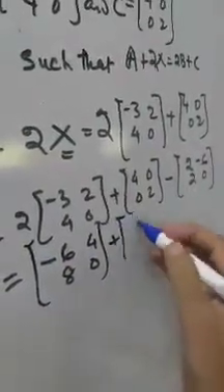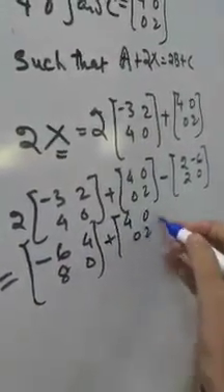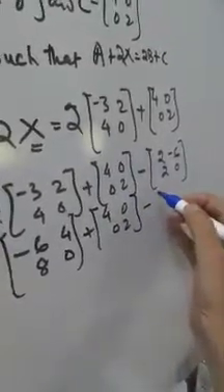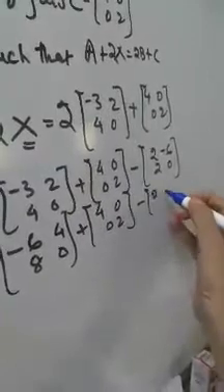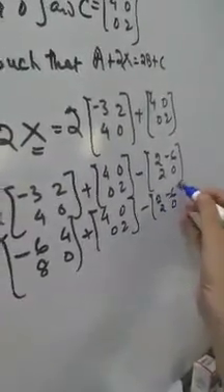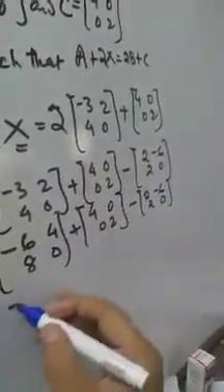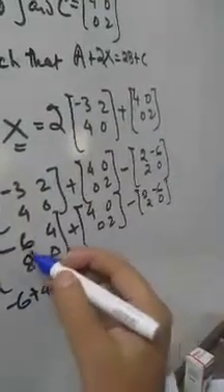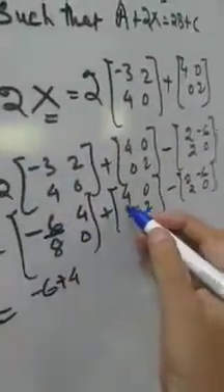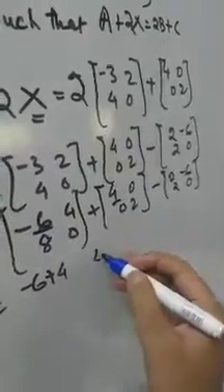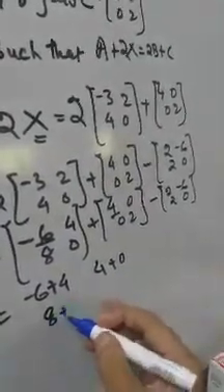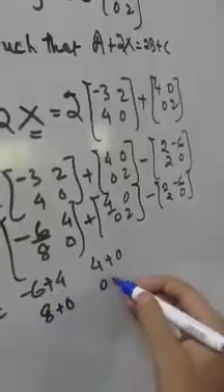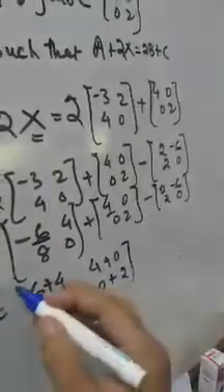Plus [4, 0; 0, 2] minus [2, -6; 2, 0]. Let us do the addition first. So it is minus 6 plus 4, 4 plus 0, 8 plus 0, 0 plus 2. This is the addition of these two matrices.